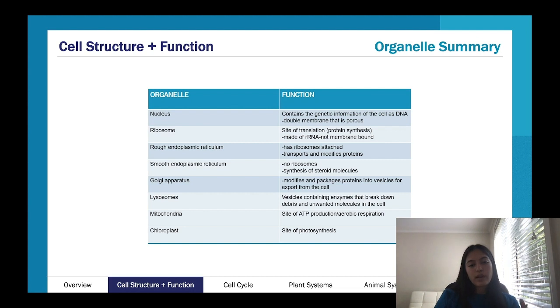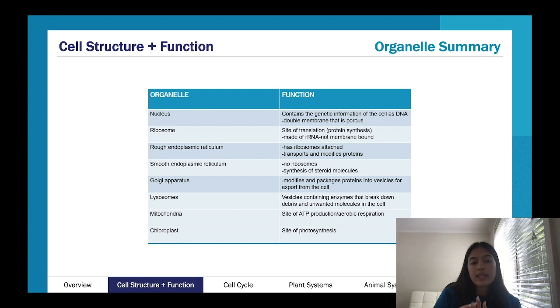So if we think of our really important ones, mitochondria and chloroplast, we'll talk about in a second. They are important and singled out on the study design because of their role in our biochemical pathways. You would have likely heard of cellular respiration, which we associate with our mitochondria, and photosynthesis, which is involved with our chloroplast.